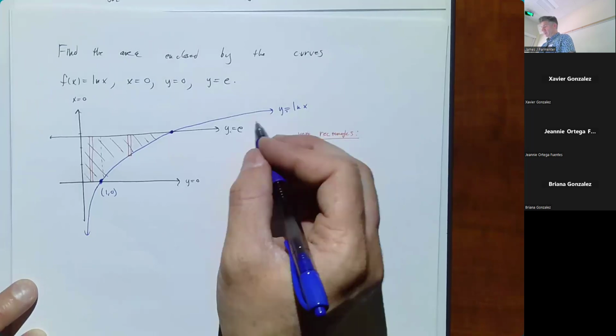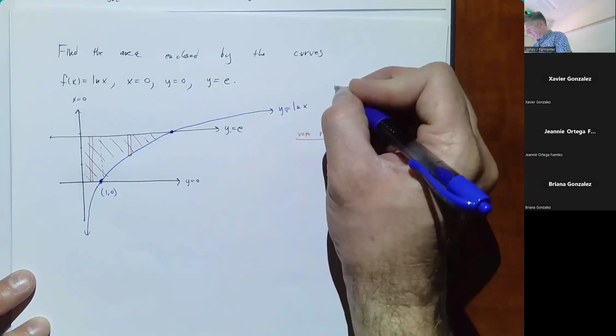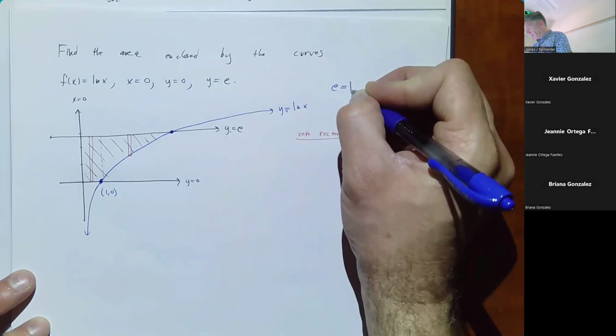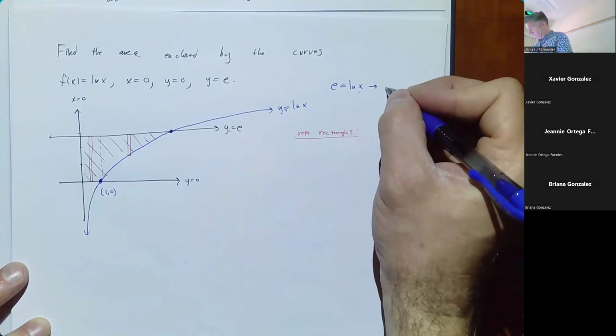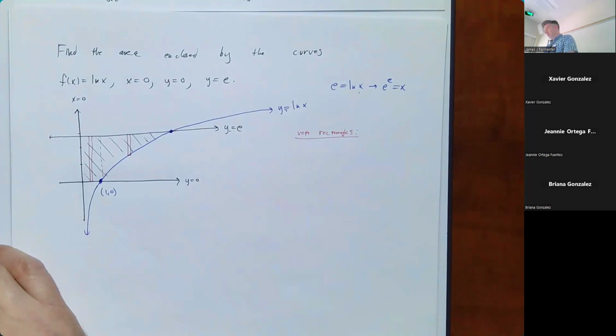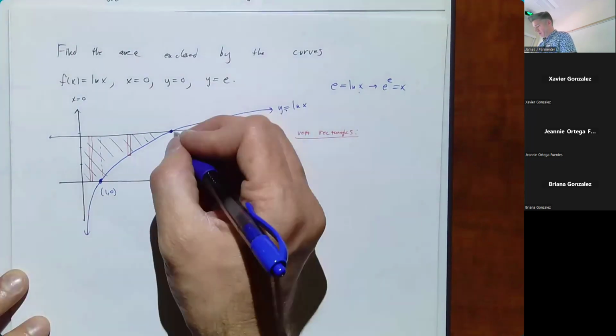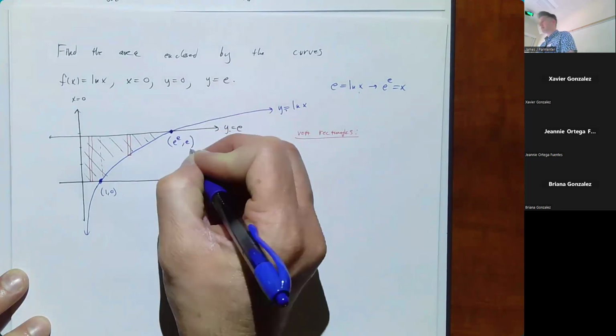So we set these equal to each other: e equal to the natural log of x. If you solve for x, you get e to the e equal to x. Sorry about that. We could change it, but it's not really that important. So that's the point: e to the e comma e.